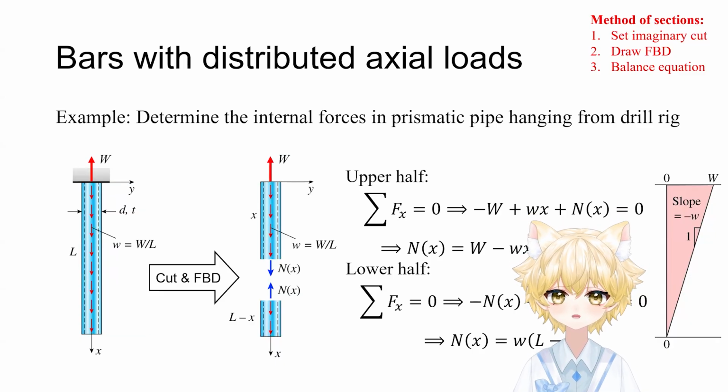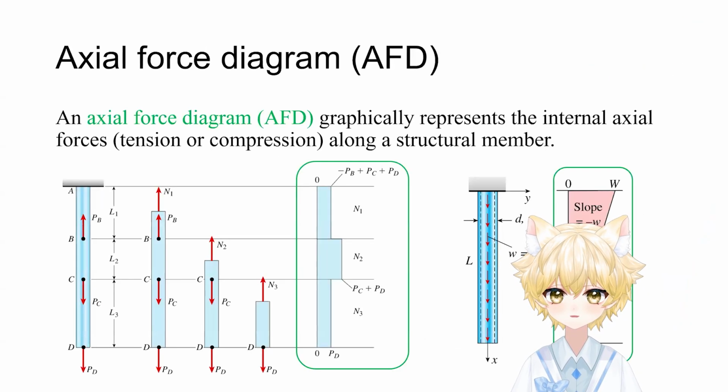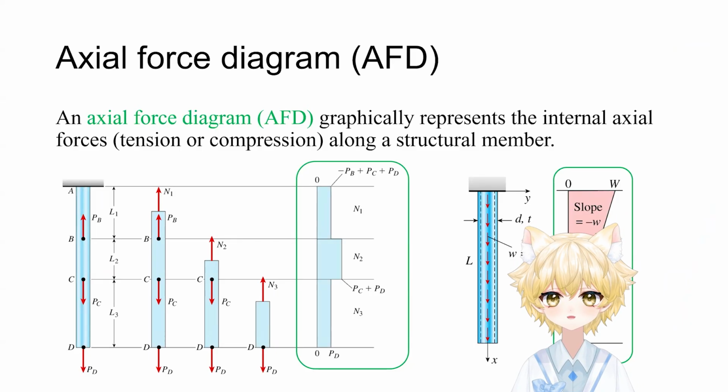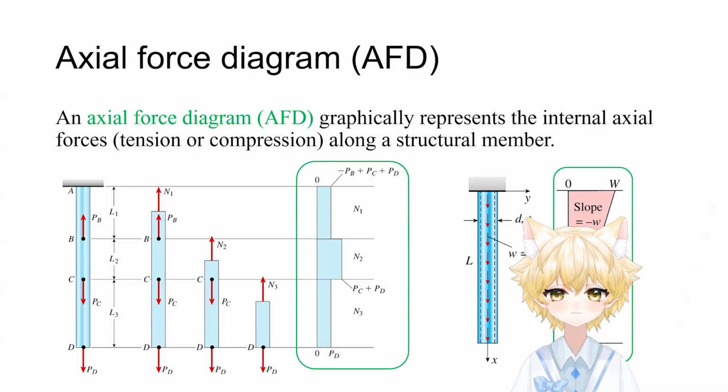Finally, we look at the graph on the right. The equation tells us that the internal force varies linearly. So we have just calculated the internal forces for two very different situations. For the bar with point loads, we got specific values for each section.